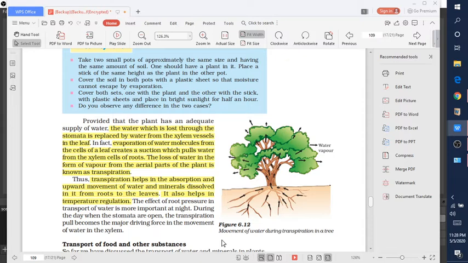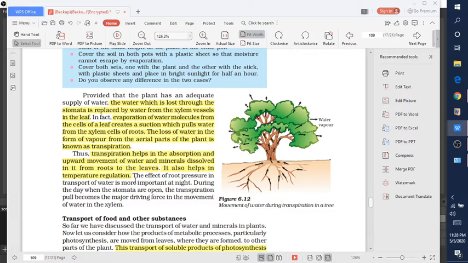Now transpiration helps in the absorption and upward movement of water and minerals dissolved in it from the roots to leaves. There is one more function that transpiration performs, it helps in temperature regulation.